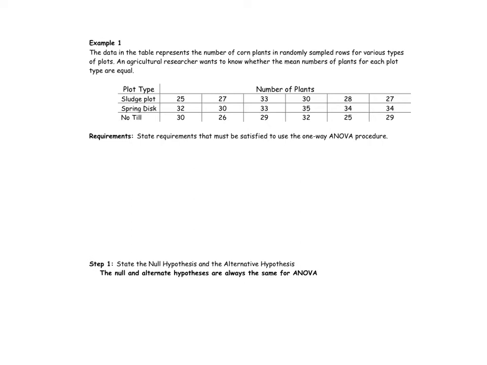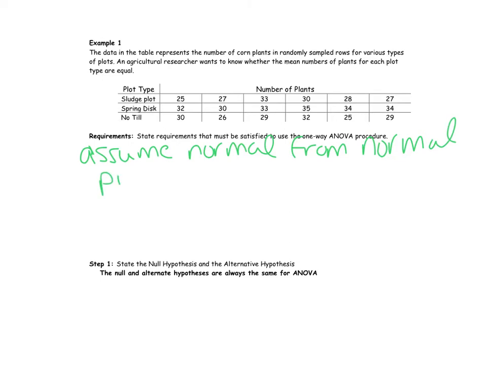So let's see how we're going to do this. First, let's state the requirements that must be satisfied. We just went over that. We don't have a normal probability plot, so let's just go ahead and assume it's normal, from a normal probability plot, just to kind of get on with the show.